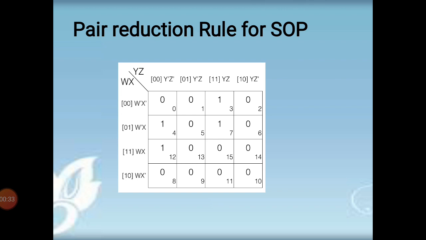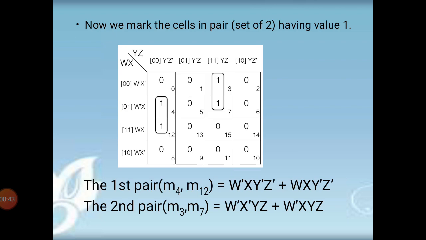Consider the following four variable KMap. In this KMap, cells 3, 4, 7 and 12 are marked by 1. Now, we mark the cells in pairs, that means sets of 2.